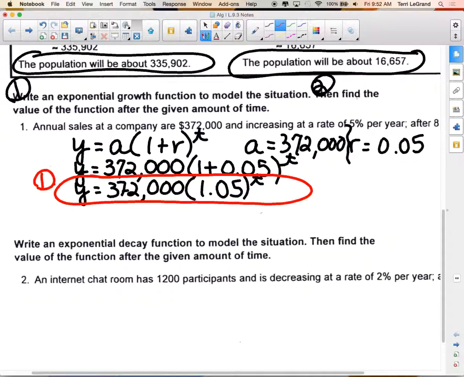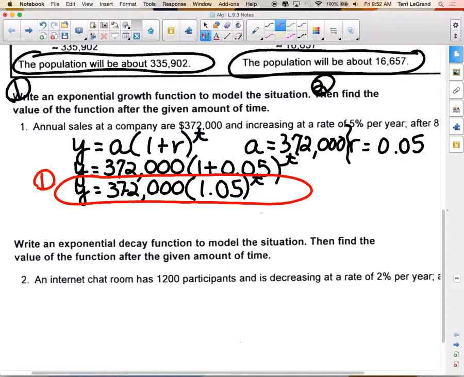The model says, now, if I say to you, when will their sales be 500,000? You put 500,000 in for Y and you solve it for T. If I say to you, what will their sales be after 15 years, then you would put 15 in for T and solve it for Y. So this model works no matter what situation I give you.